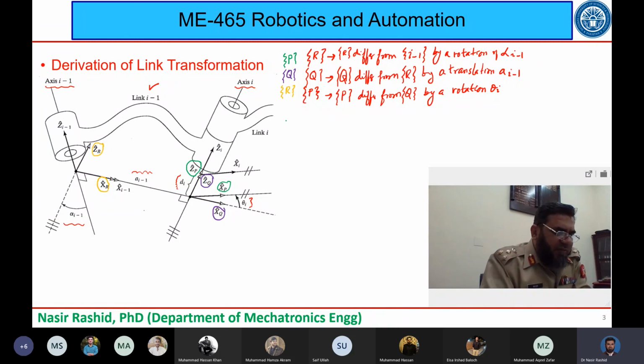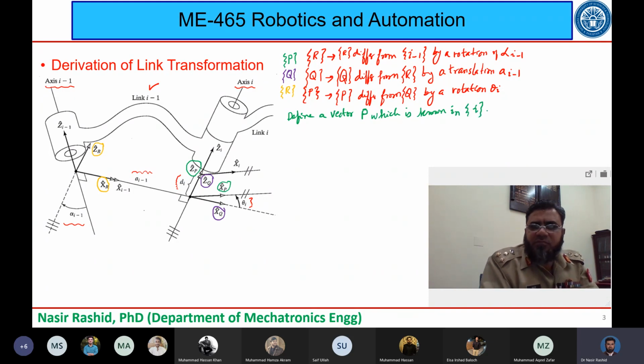If I define a vector P which is known to me in frame I, so I can define a vector P which is known in I in frame I minus 1.